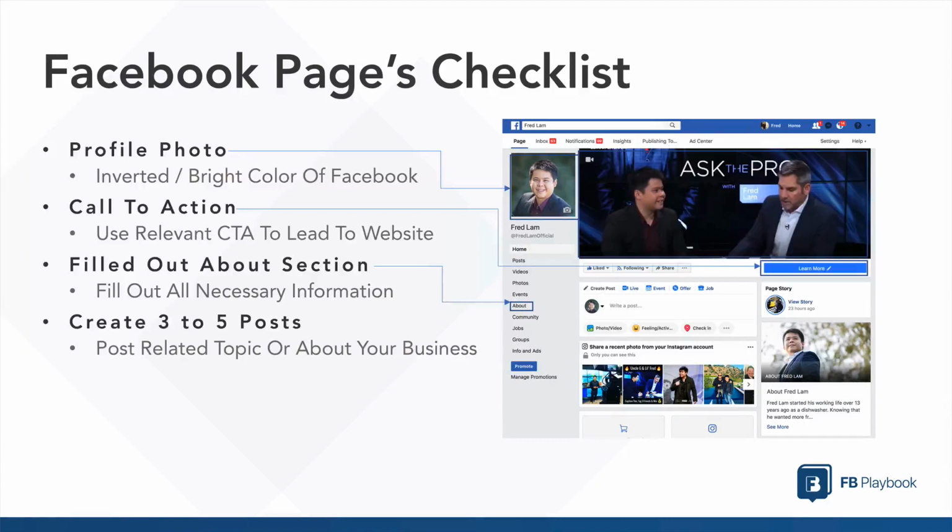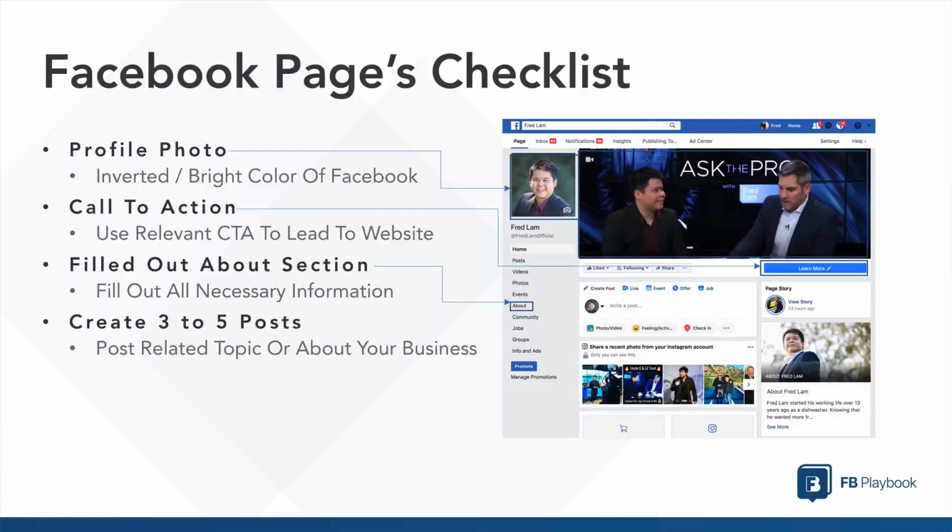On the background, we usually have some inverted or bright color that basically pops out of Facebook. So we stay away from blue, gray, white, and we really focus on bright colors like purple, black sometimes works, yellow, green, or something that really pops up and catches the person's attention, because your profile photo will show up in your Facebook ad.